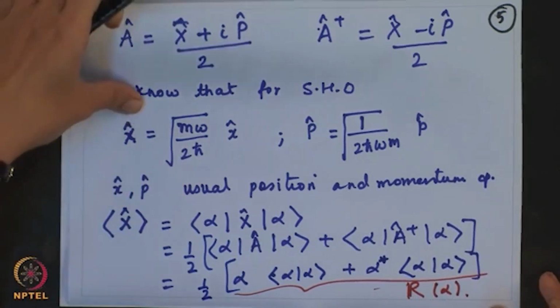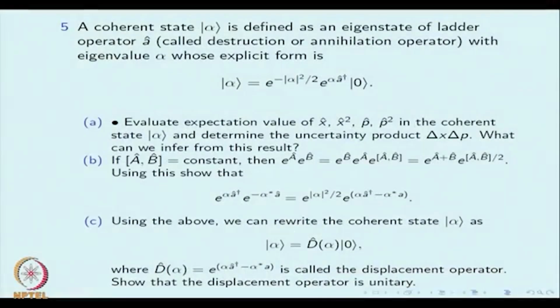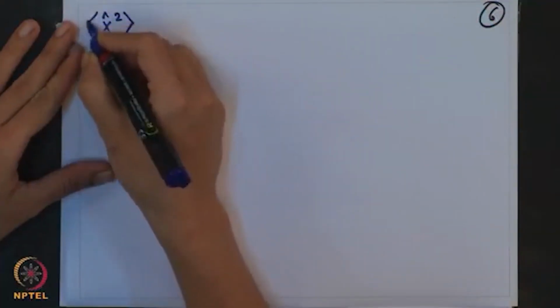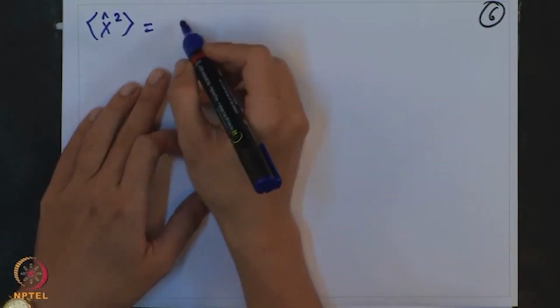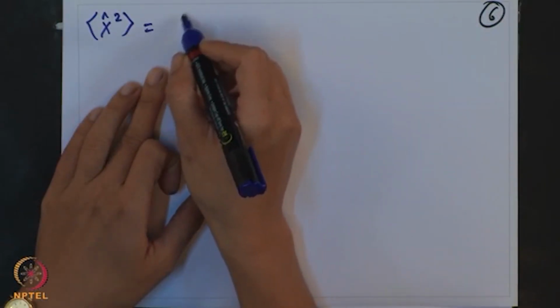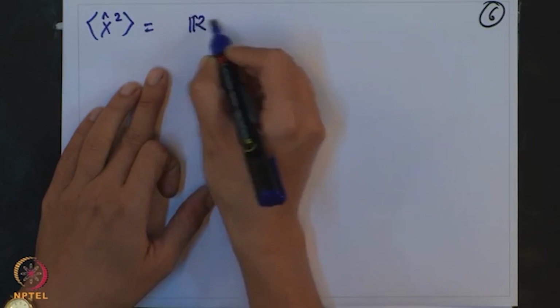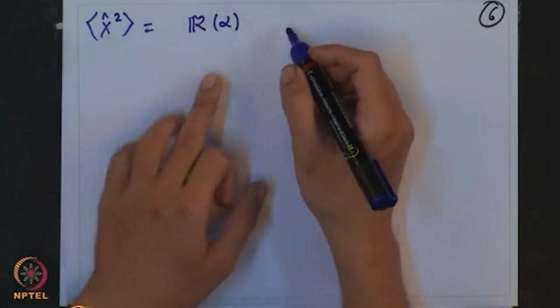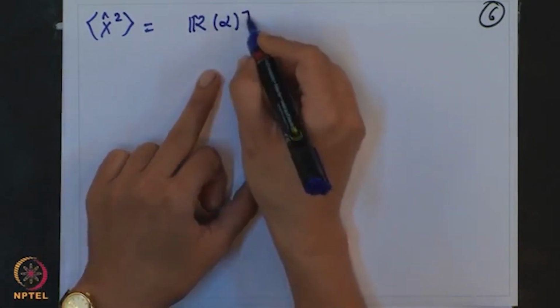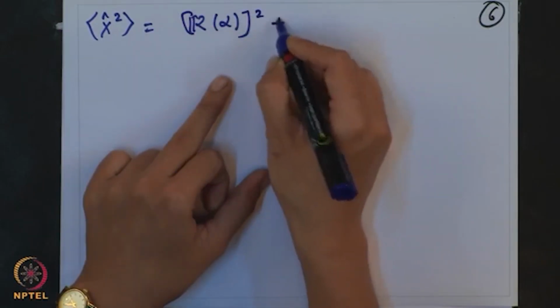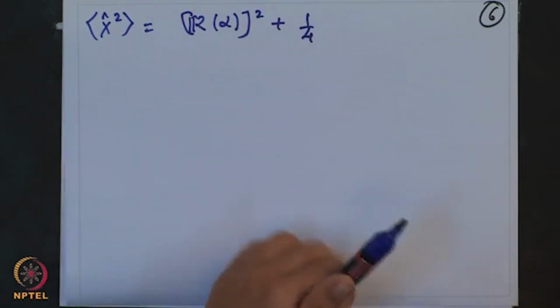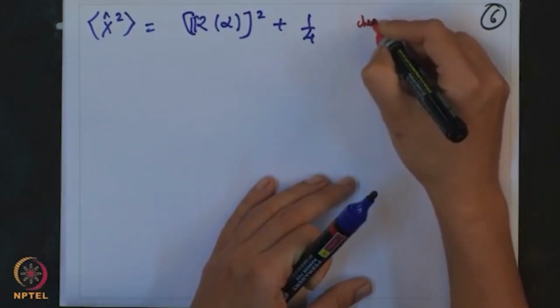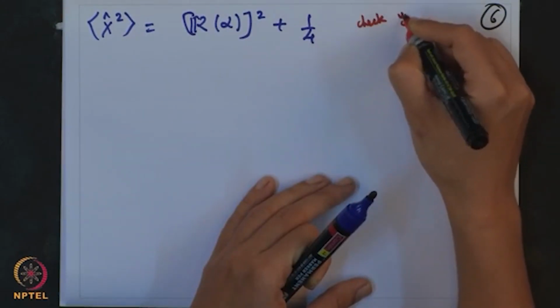Okay. Now, in the same manner you evaluate x square, you will find when you solve this, you will have the real part of alpha squared plus 1/4. So, please check this yourself.